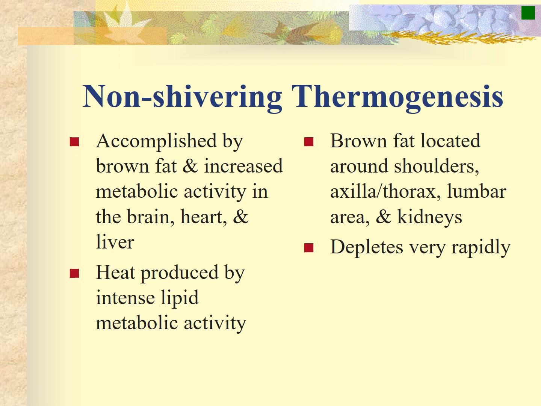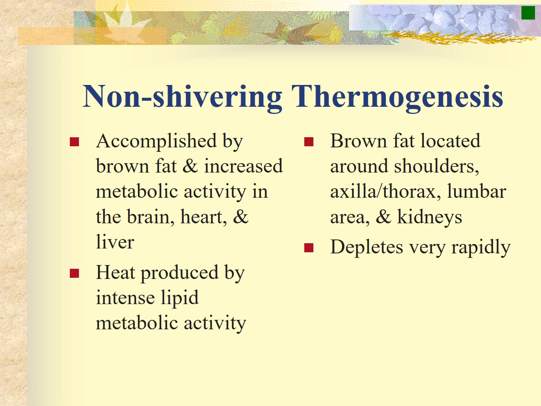So basically everything is just going rapidly in that little baby's body, and that causes heat production. They have their brown fat located around the shoulders, the axilla, lumbar area, and kidneys, and it depletes very rapidly. So it's important that we promote environmental warmth so that we don't get them sick.